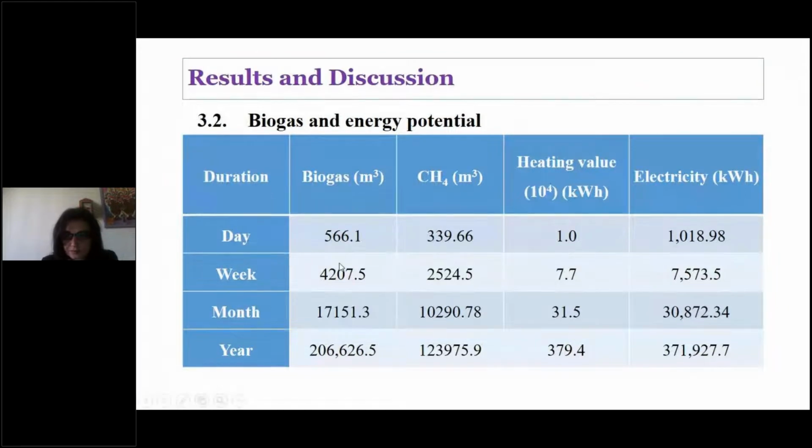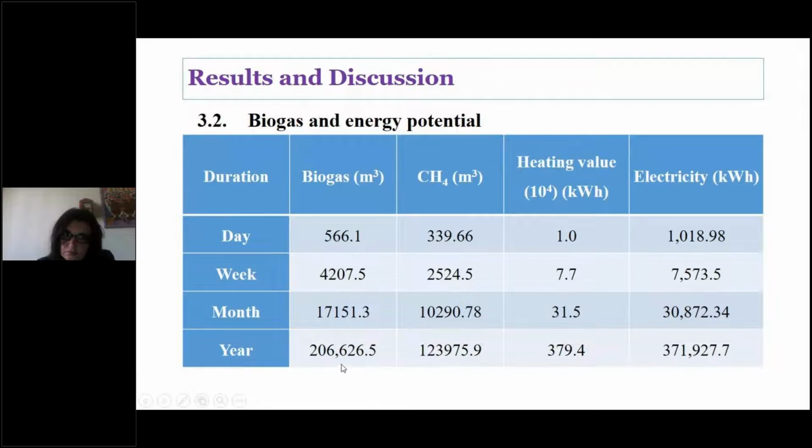Weekly, you can see the abattoir waste in the study area has a potential to provide about 7.7 times 10 to the power of 4 kilowatt hour. If it is for heating value, it could be around 7,573.5 kilowatt hour if it is for electric power.